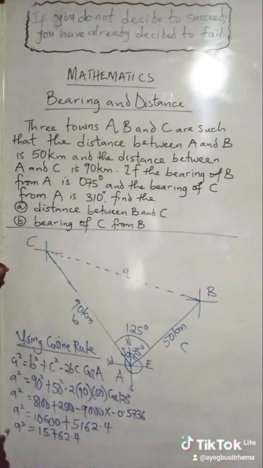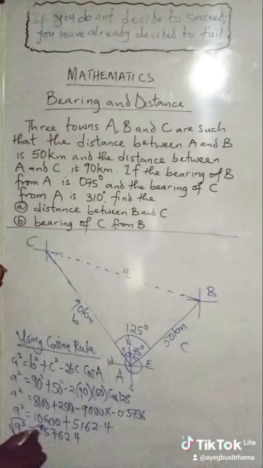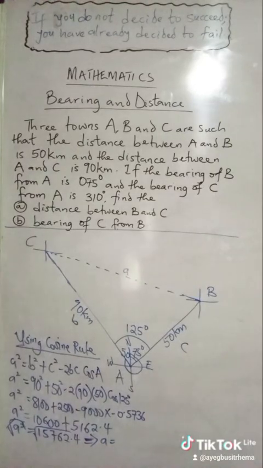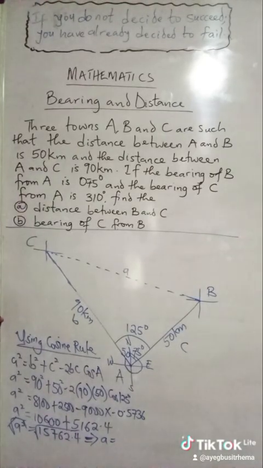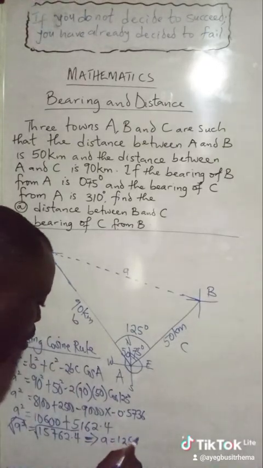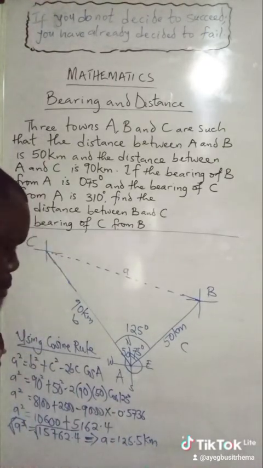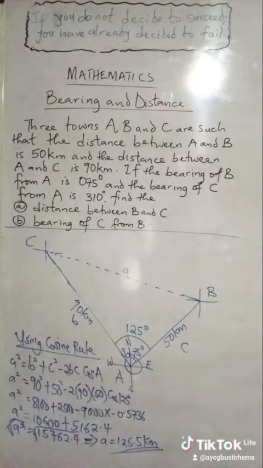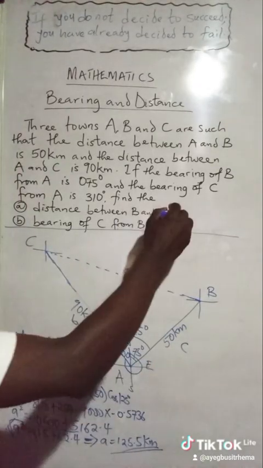So we find the square root of both sides, so that the square root will cancel the square, and this implies that a equals the square root of 15,762.4, which gives us 125.5 kilometers, since the other units are in kilometers. Now this is settled.